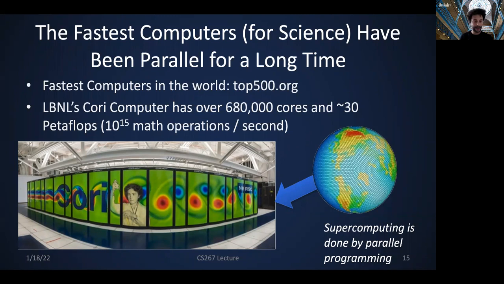And NERSC, which is up on the hill again, is where you're going to do most of your homeworks. There's this machine Cori, which is named after Gerty Theresa Cori, the first American woman to win a Nobel Prize, who was actually born in a now defunct empire called the Austro-Hungarian Empire.